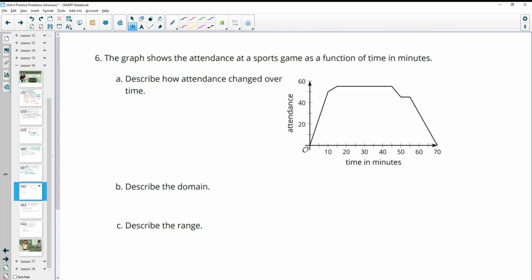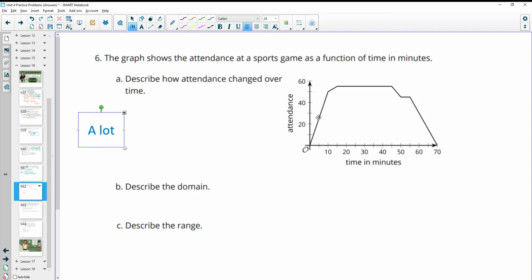Number 6, the graph shows the attendance at a sports game as a function of time in minutes. So let's describe how the attendance changed over time. We can look here and we can see that the attendance is really quick in the beginning, right?